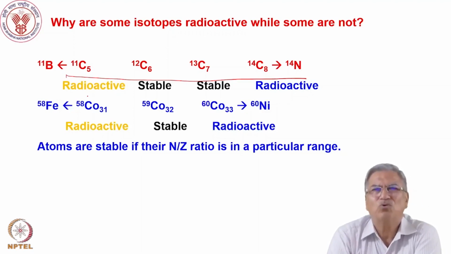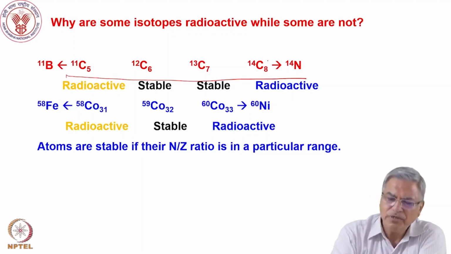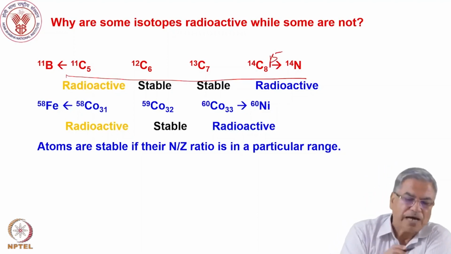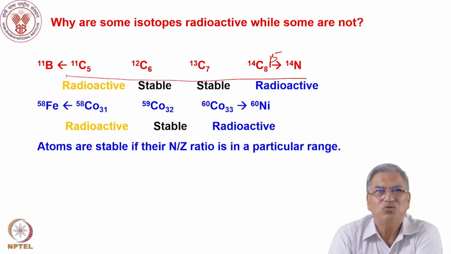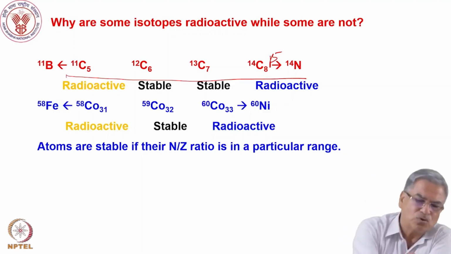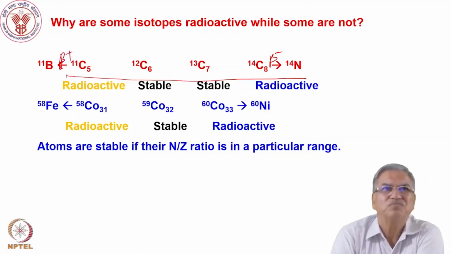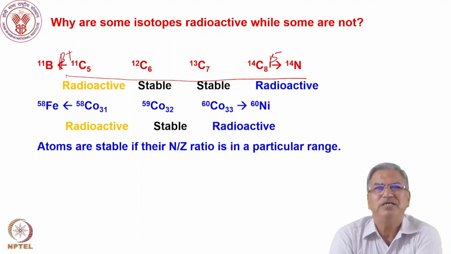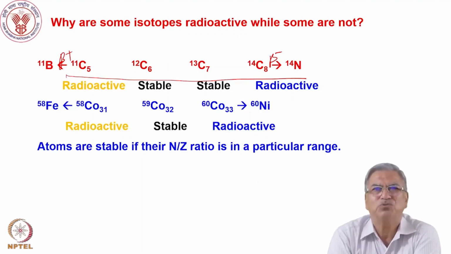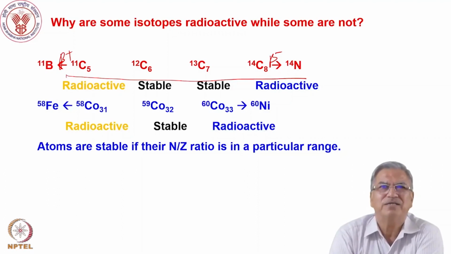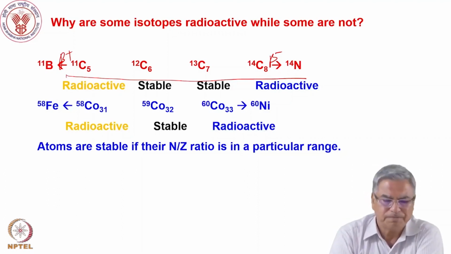You add one more neutron to carbon 13 to form carbon 14, and it is unstable. It undergoes beta minus decay to nitrogen 14. Carbon 11, which has one neutron less than carbon 12, undergoes beta plus decay to boron 11. So you can see that if you alter the neutron to proton ratio of a stable isotope, there is a high chance that the next isotope will be radioactive.